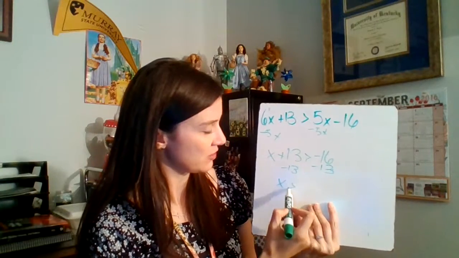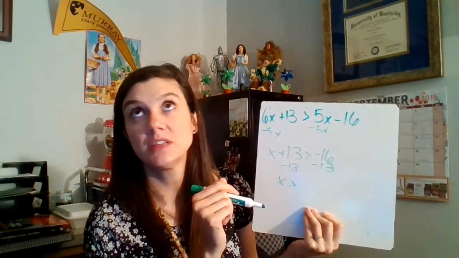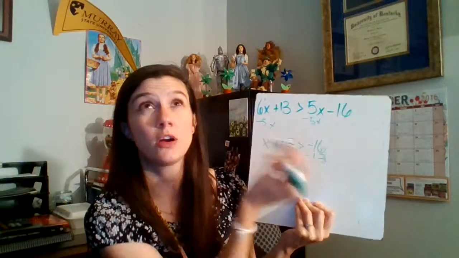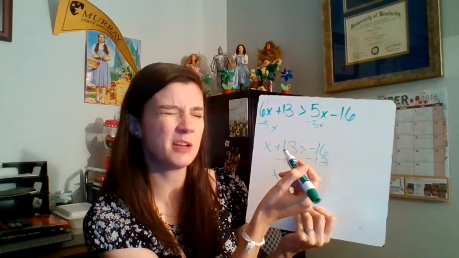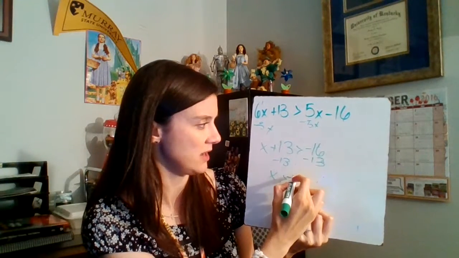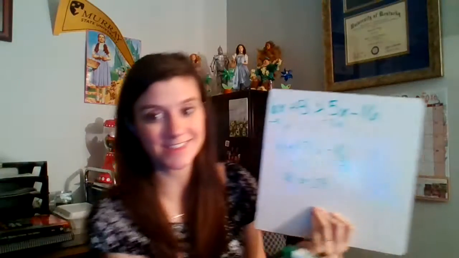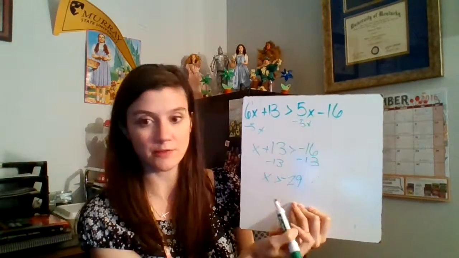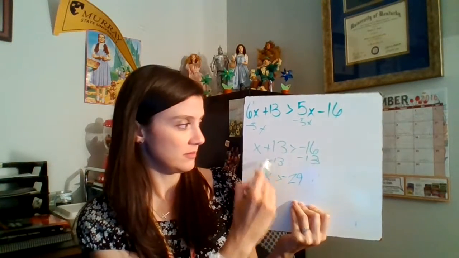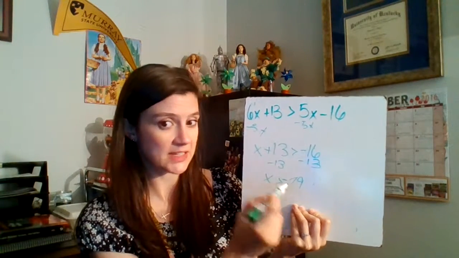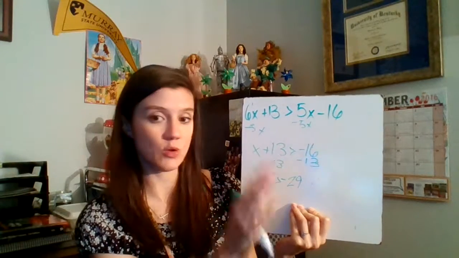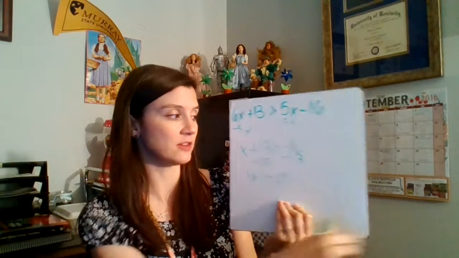X is greater than, let's see, negative 16 minus 13, so I go farther away. This always trips me up. Negative 29. Is that right? Yes, that's right. X is greater than negative 29. Again, I don't have to flip it because I didn't multiply or divide by a negative. You only flip the symbol if you multiply or divide by a negative.